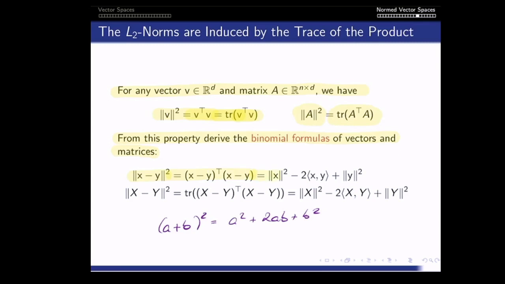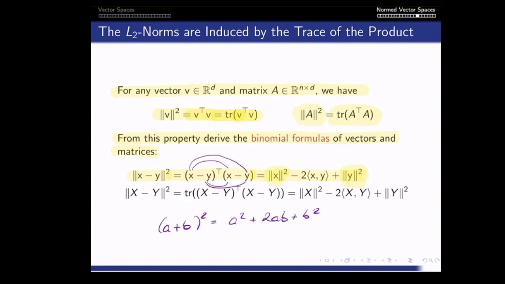And if you calculate this according to the rules we have for the inner product and the sum, it's basically just distributivity. So we have x transpose times x minus x transpose times y minus y transpose times x plus y transpose times y, and then we can insert the definition of x transpose times x, which is the norm to the square of x, and the same for y.